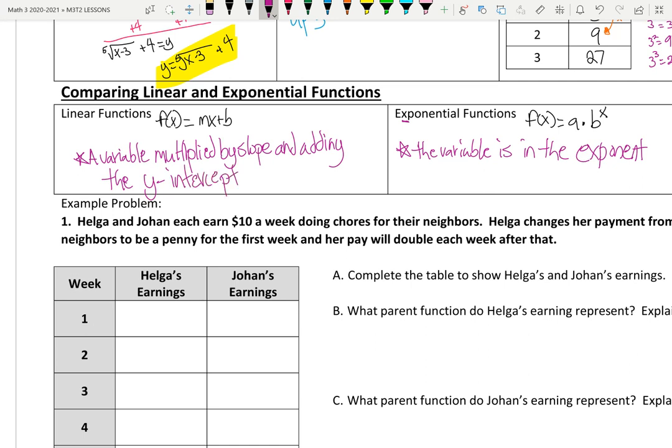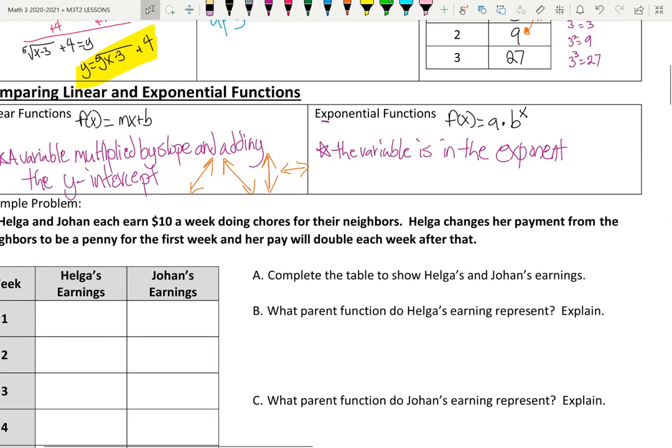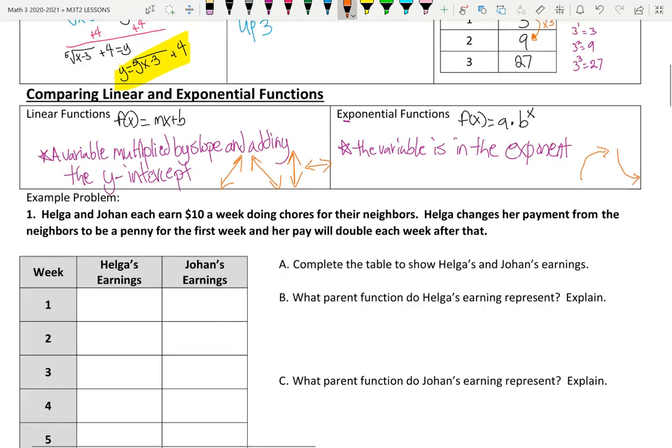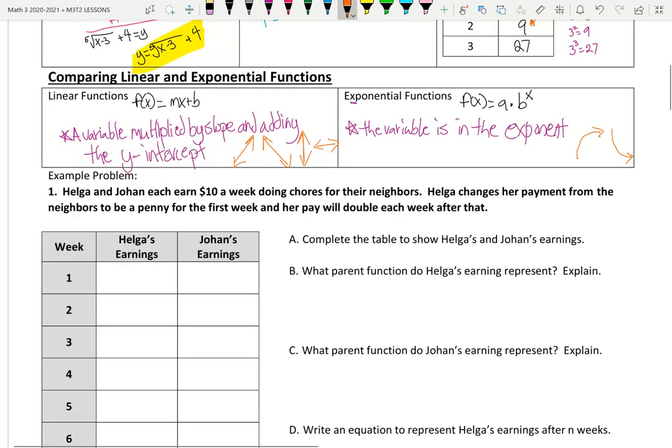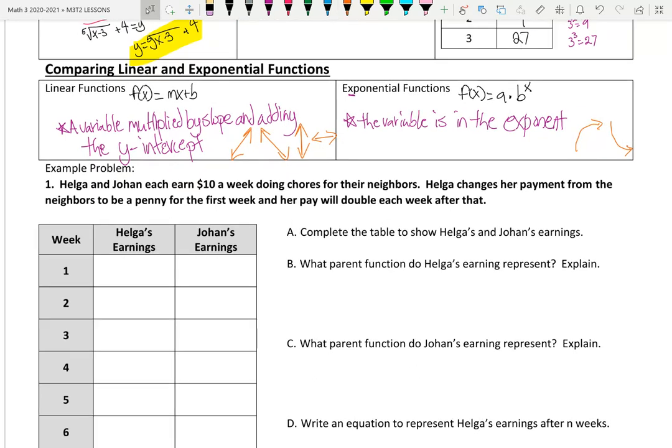Just like for linear functions, I can have positive, I can have negative, I can have up and down, and left to the right. For an exponential, I can have what's known as a growth, and then I can have what's known as a decay. This is what we're going to be studying in further detail. Just notice the exponential has an x in the exponent. That's what you should be taking away.